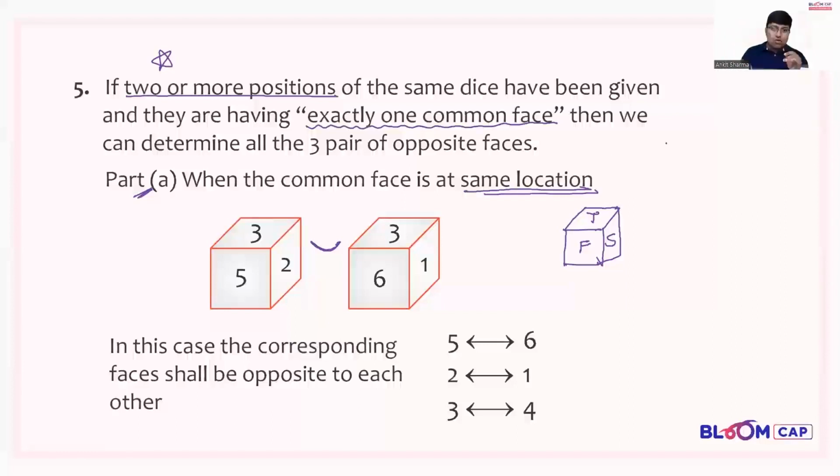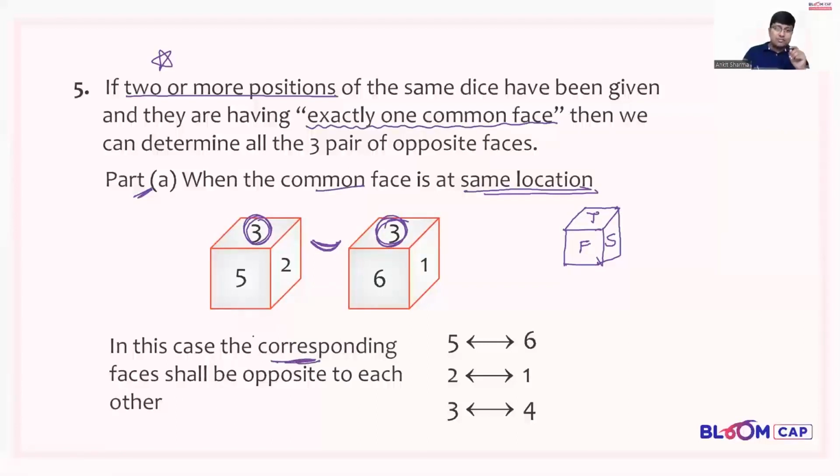How? Let us see. When the common face is at same location, two or more images of the same cube, only one face common and that is 3, and in both the figures it is at the same location at the top. So in that case, the corresponding faces will be opposite.